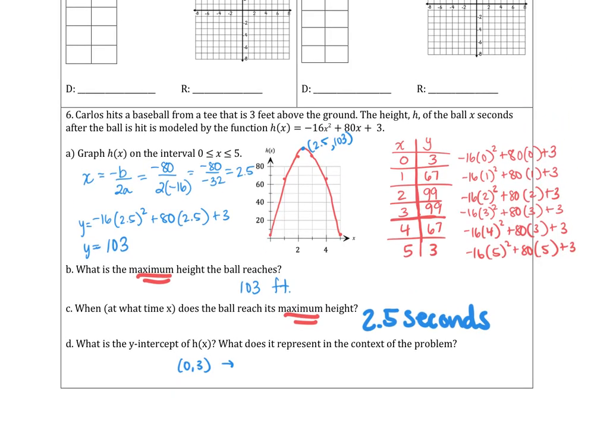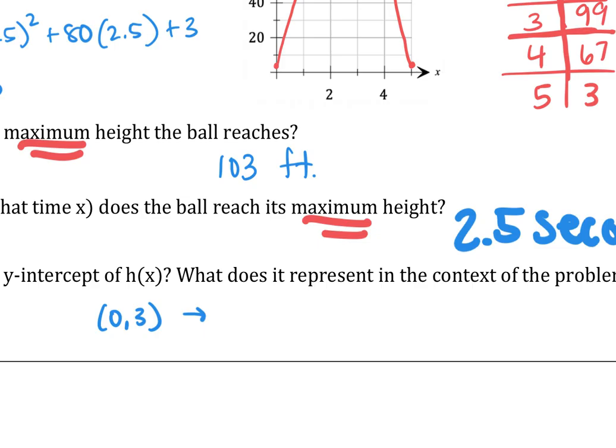A ball was hit from a tee that's 3 feet off the ground. So that's the starting height of the ball, right? Which is the height of the tee. So starting height of ball, or height of ball on the tee, or the height of the tee. I mean, all those things are legitimately the same thing, and correct.